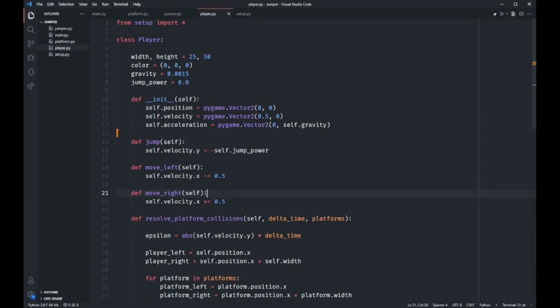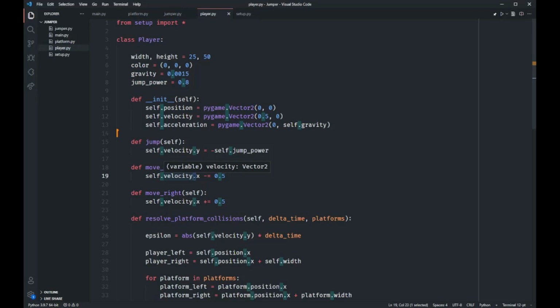Now you might realize we're calling move left or move right every frame based on what is being pressed. And they're getting called every frame, so we're going to keep subtracting, or keep adding, to our velocity. What that's going to do is make our player speed up really, really fast.